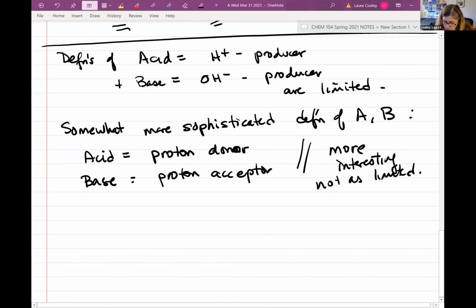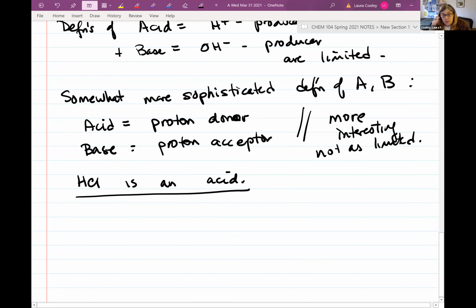But what I want to tell you first is that this definition lets us think about the whole of acid-base chemistry a little bit differently. Let's start with something simple. Let's think about HCl as an acid. So if you think about an acid as simply producing H+, that doesn't really tell you what HCl does.